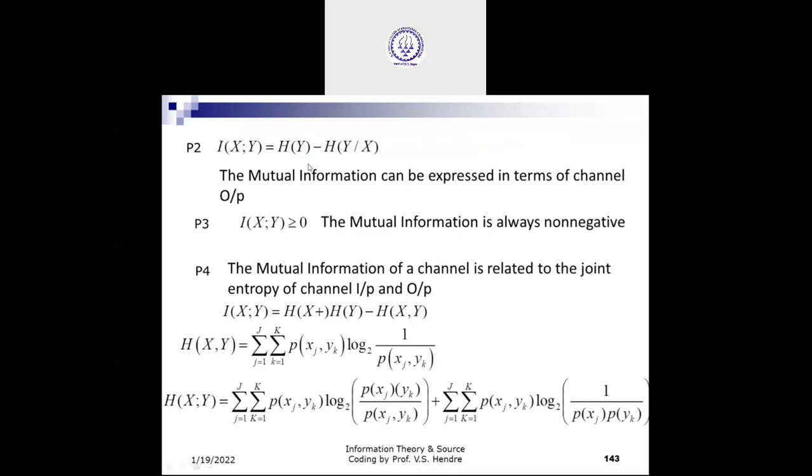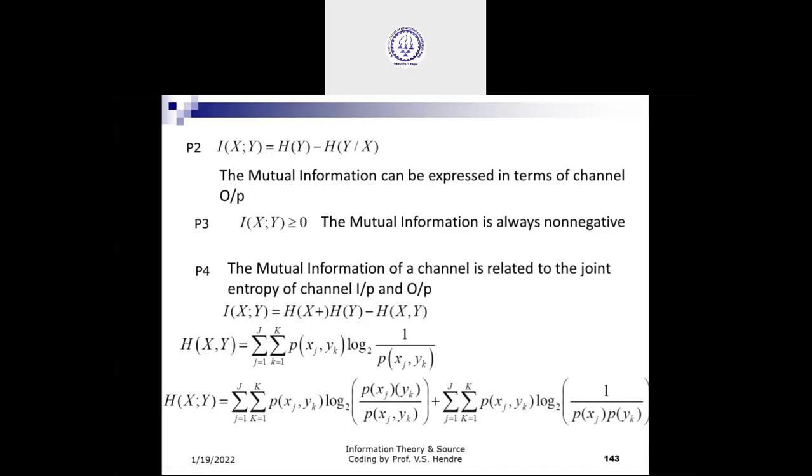Second property of the mutual information, that we have derived in the equation, like I of x semicolon y is entropy h of y minus h of y given x. From the values of h of y and h of y given x, we can understand the third property: mutual information is always greater than or equal to 0. That means mutual information is always non-negative.